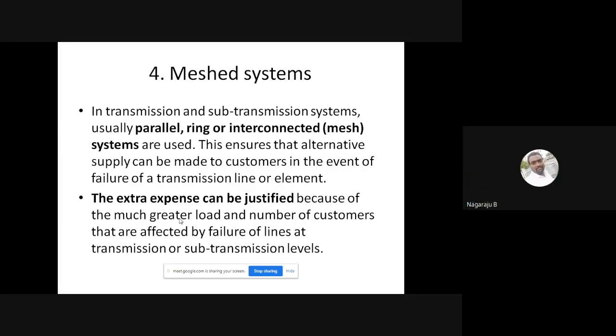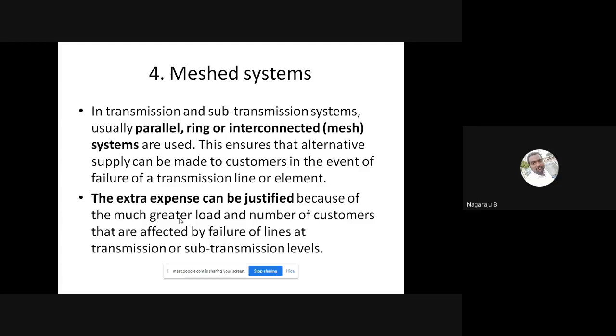And another one is the mesh type. This is a very, very important one. In transmission and sub-transmission systems, usually parallel ring or interconnected mesh type systems are used. At the transmission to distribution side, we use these connections, which are meshed type.